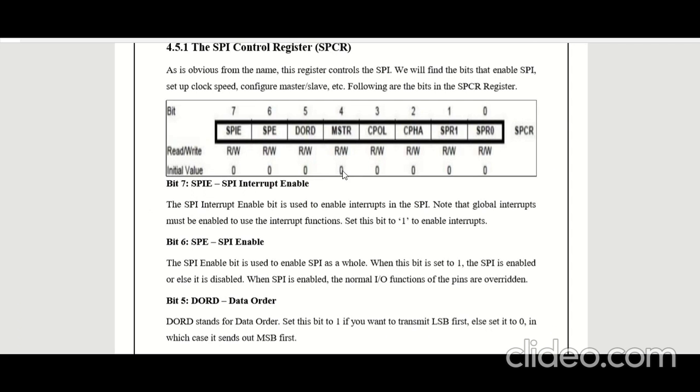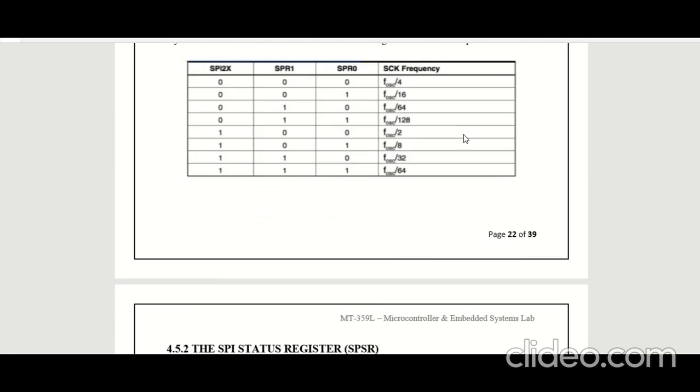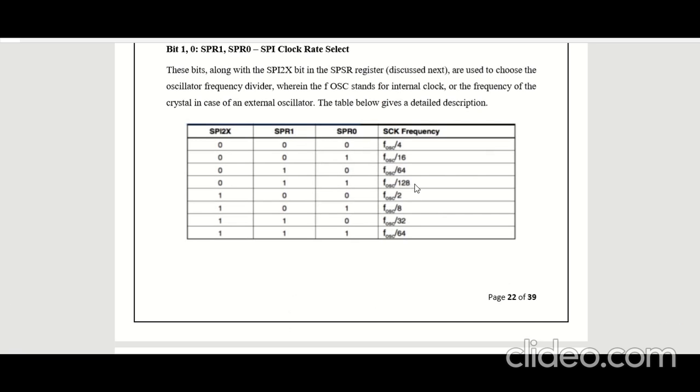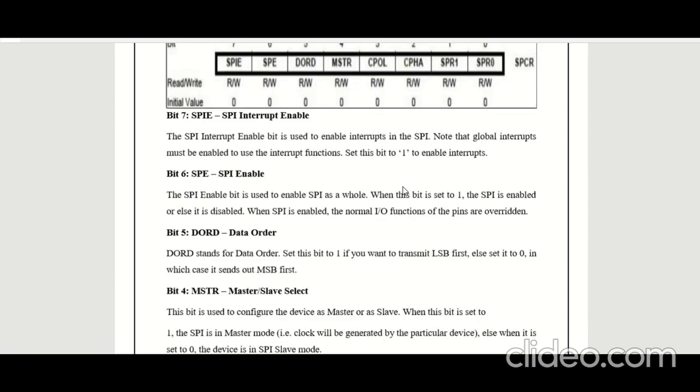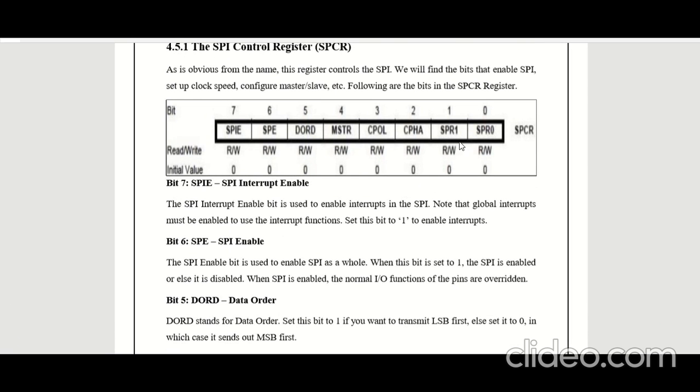For master, we have to make this pin high, and for slave, we have to make this pin low. These two pins are for our prescaler mode. We are selecting 128, dividing our frequency by 128, so we are selecting a 128 prescaler. We also have to make this bit high for SPI communication.